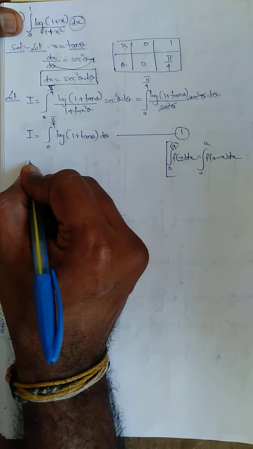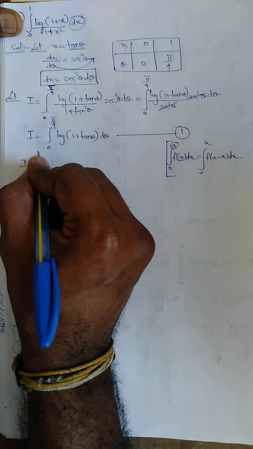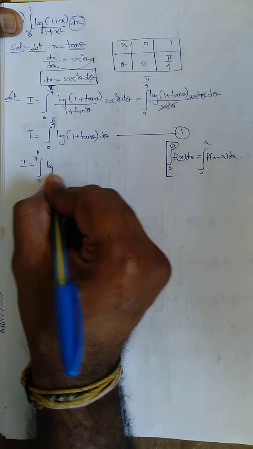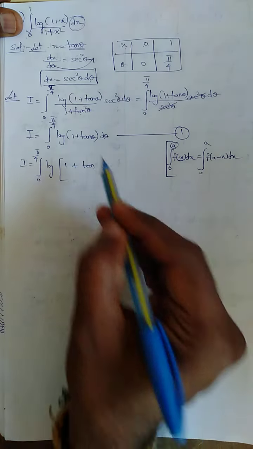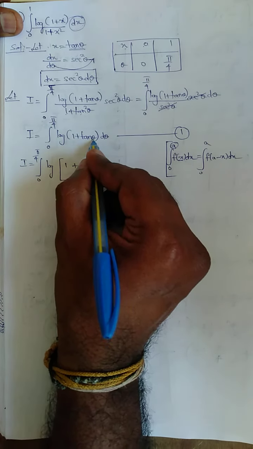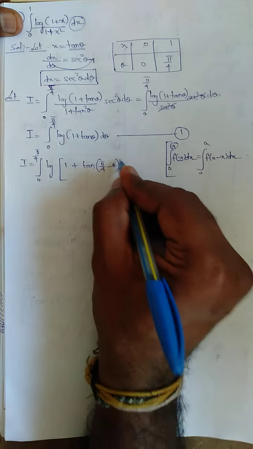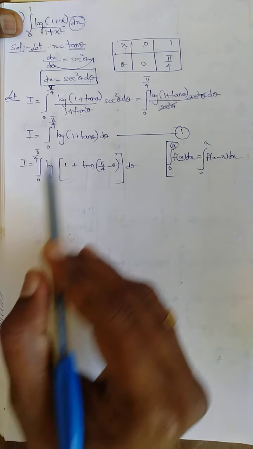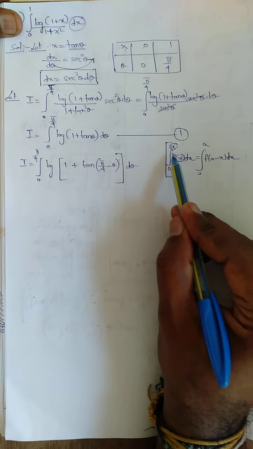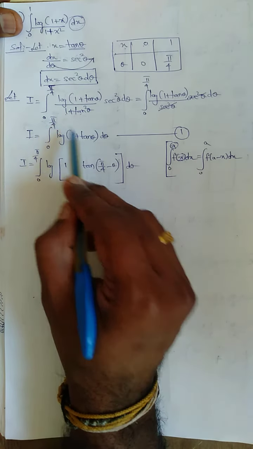So I as it is: I is equal to the integral from 0 to pi by 4 of log of 1 plus tan of pi by 4 minus theta, d theta. In place of x, I need to write a minus x; in place of theta, I need to write pi by 4 minus theta.